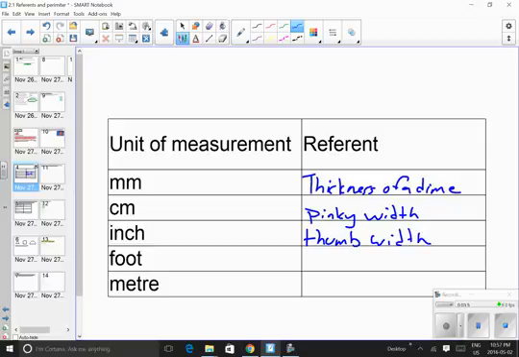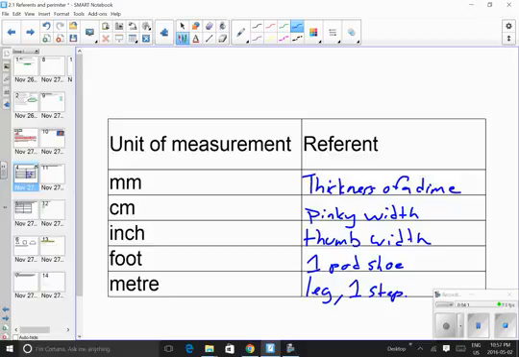A foot, like I said, is one of my shoes. And a meter is approximately, depending on how tall you are, my leg. Or if I'm doing a distance, I use one good sized step.